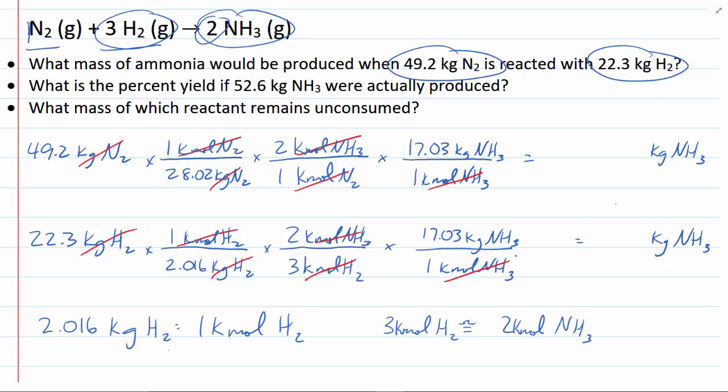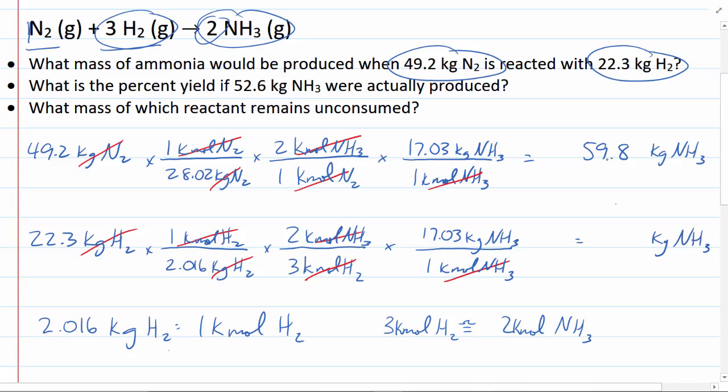We have 49.2, multiply that by 2, and again by 17.03. We divide that result by 28.02, and we wind up with an answer of 59.8, and that would be kilograms of NH3.